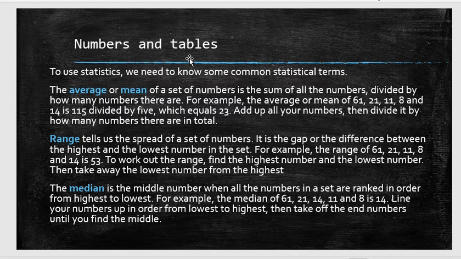So for example, the average or mean of 61, 21, 11, 8, and 14. So you add all those numbers up, which makes 115, and then you divide it by 5, which equals 23. So to work out the average of any number, you add up all the numbers or the figures, and then you divide it by how many numbers there are in total.